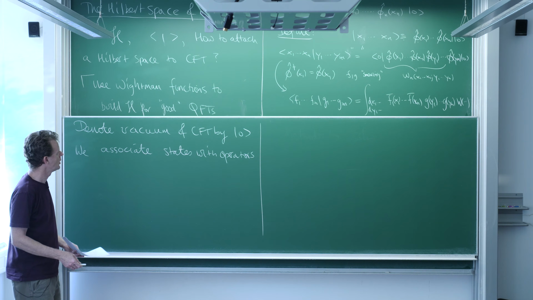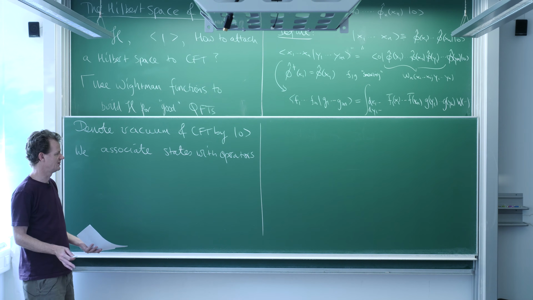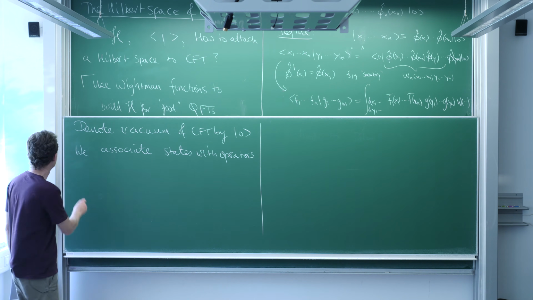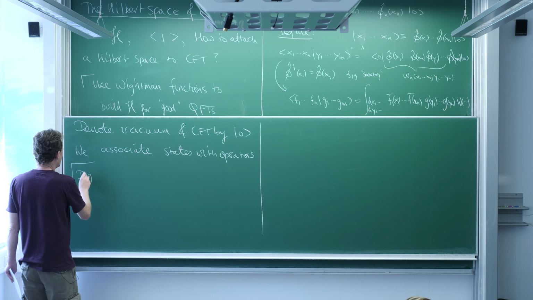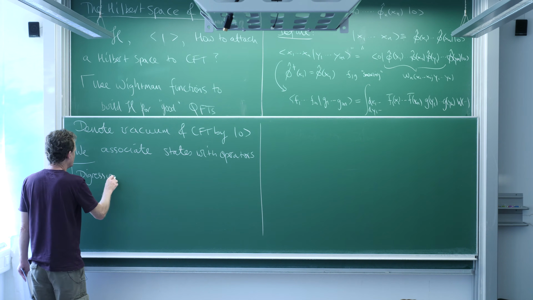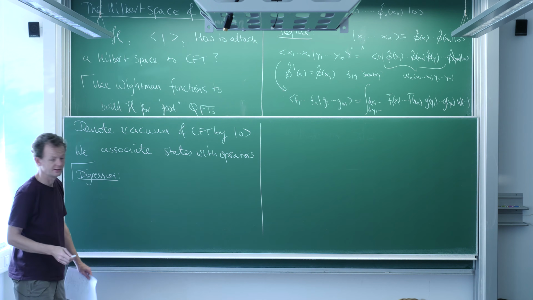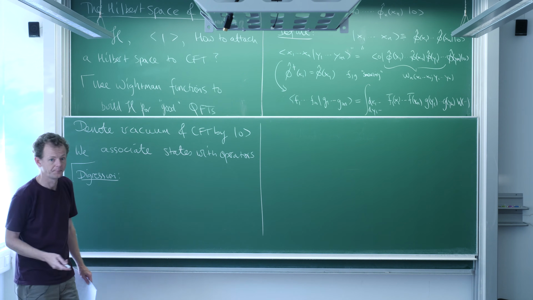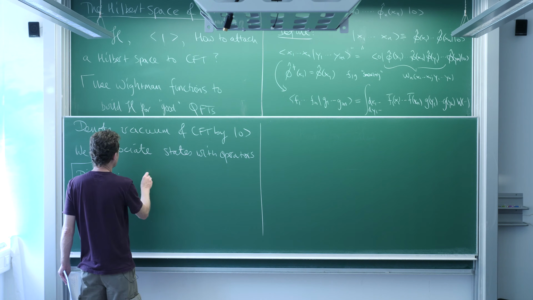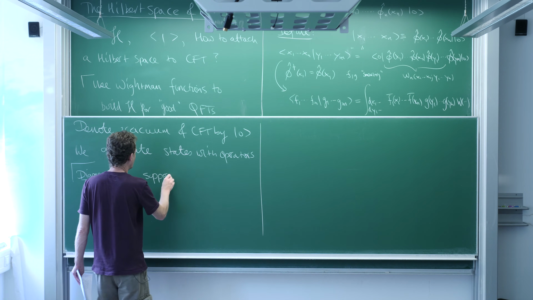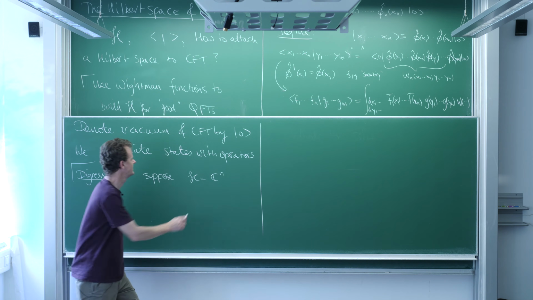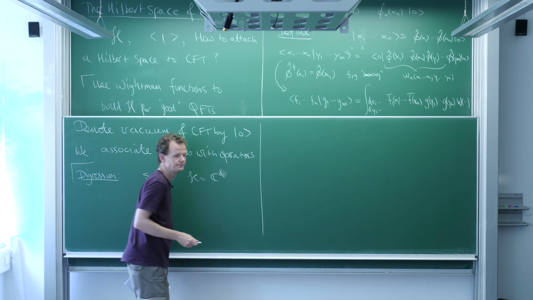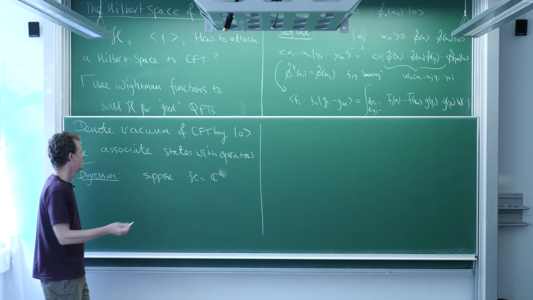And morally, this construction is equivalent to how we associate states and operators in, say, quantum information theory. So suppose we have some Hilbert space, some finite dimensional Hilbert space, C^D.